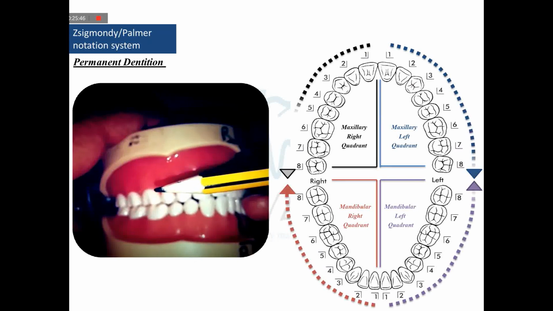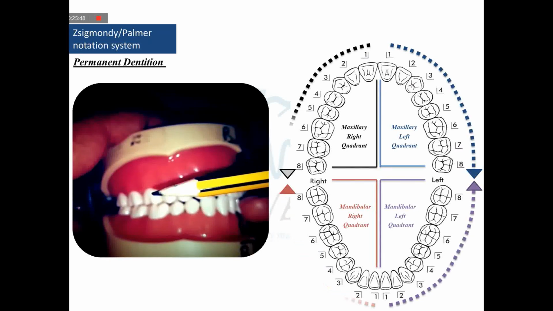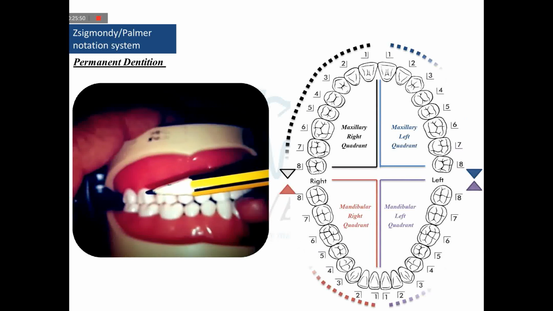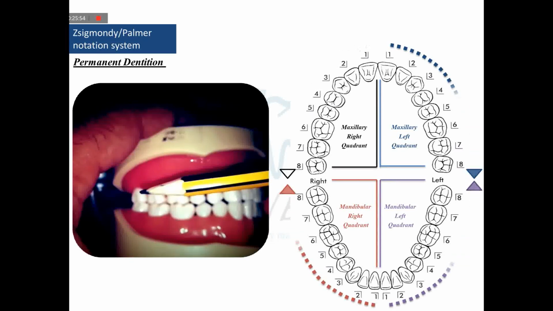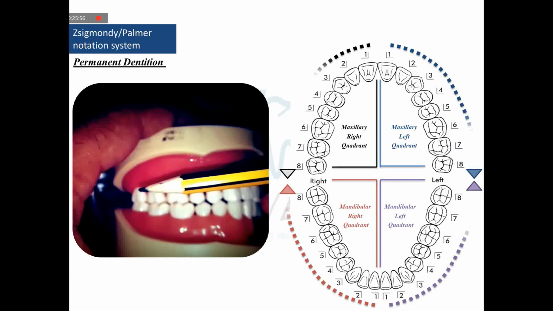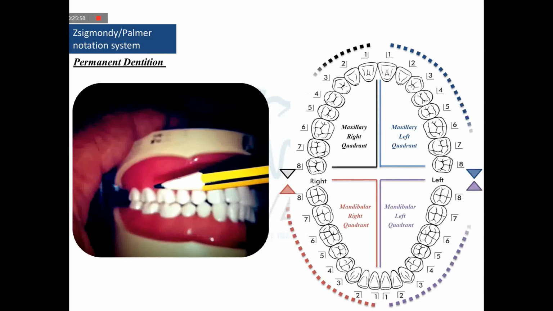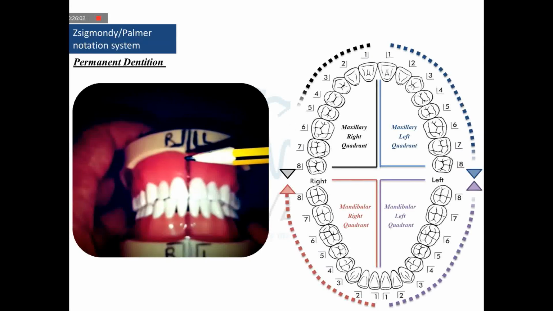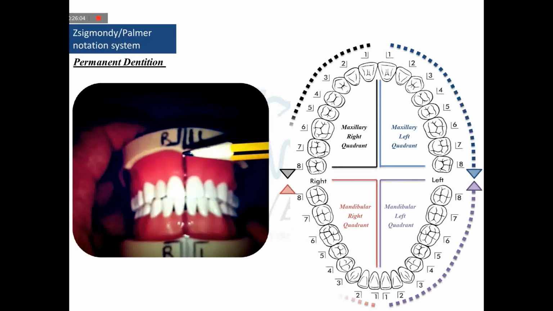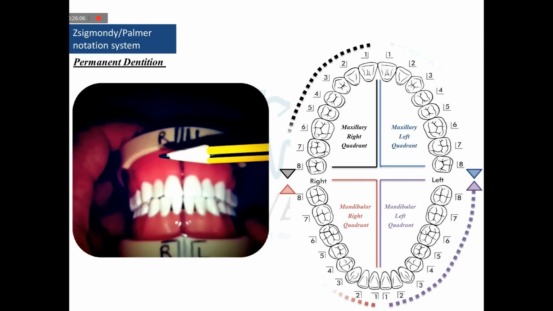Then the canine will be represented as 3 in that respective symbol. First premolar as number 4, second premolar as 5, first permanent molar as number 6, second permanent molar as number 7 in that symbolic representation, and lastly the third molar as number 8 inside that symbolic representation.